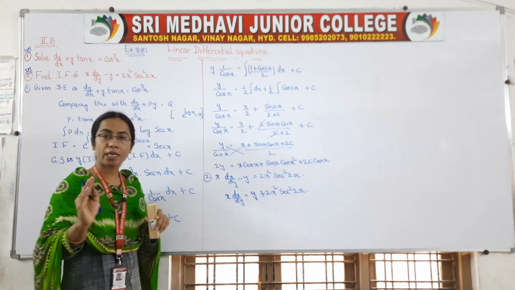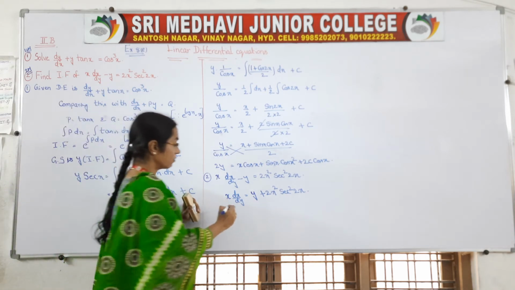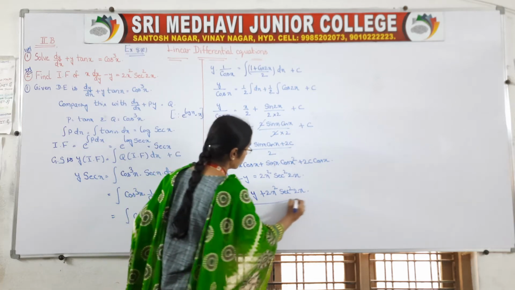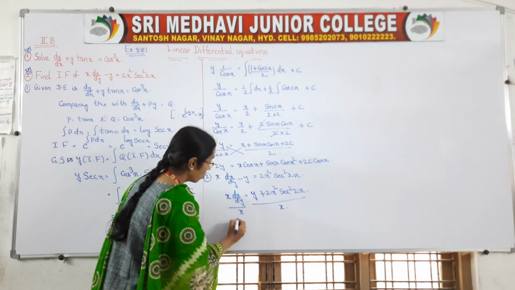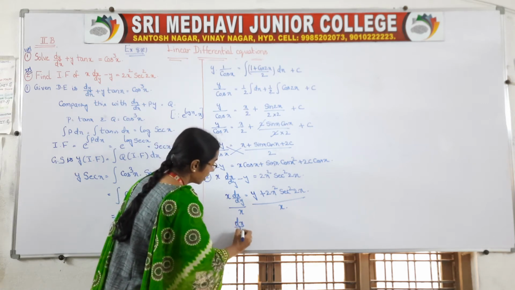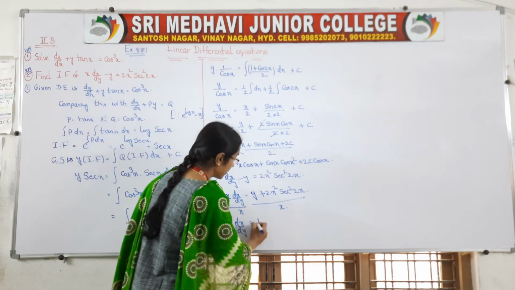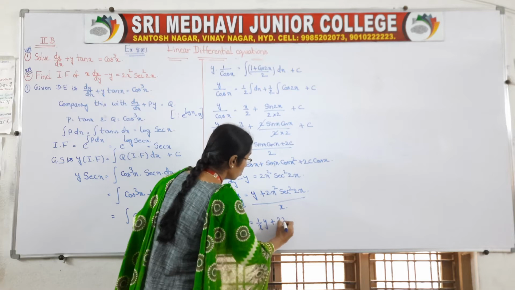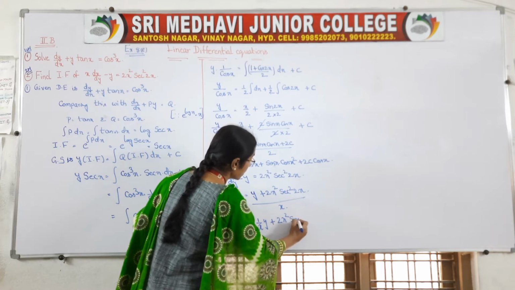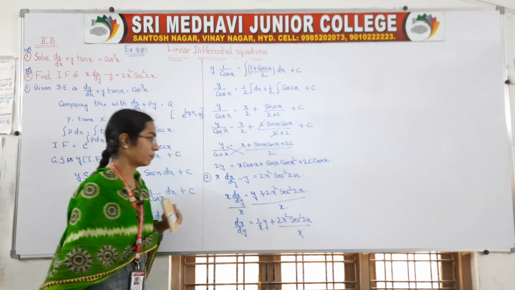But only dx by dy should be there, but x is there. So dividing both sides with x, then you will have dx by dy is equal to 1 by x into y plus 2x square into secant square 2x by x.